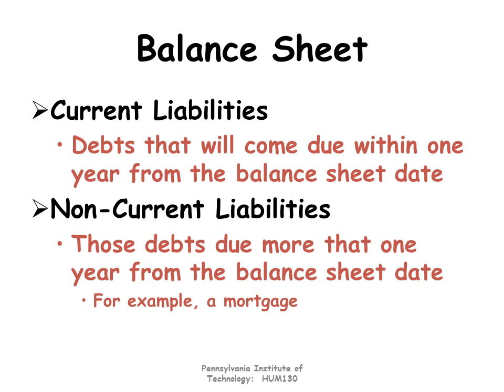The other kind is a non-current liability, and these are debts that are due more than 1 year from the balance sheet date. For example, a mortgage. Most mortgages run between 20 and 30 years. They are definitely not current unless you're about to pay off your mortgage. So the mortgage payable generally sits under the non-current liabilities.